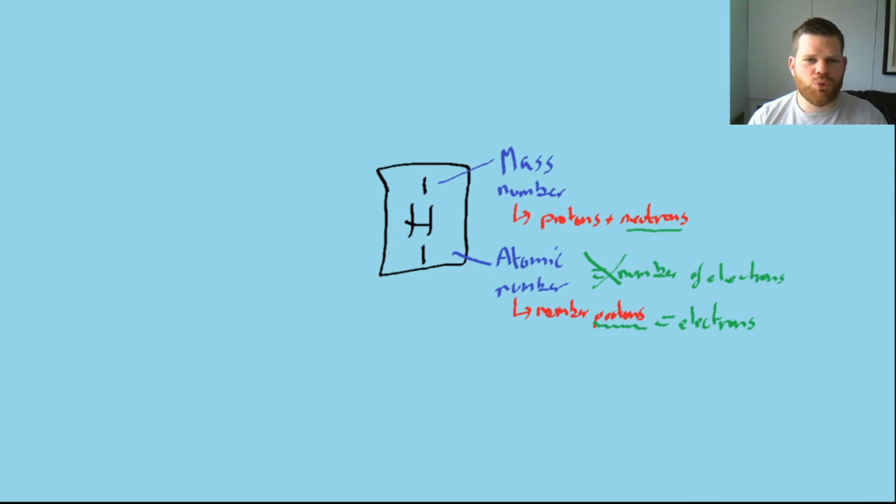So when I come to draw my atom of hydrogen, in the centre I've got my 1 proton, and around the outside I've got my 1 electron, circling around in the shell. So that's hydrogen, but what about something a little bit more complicated?